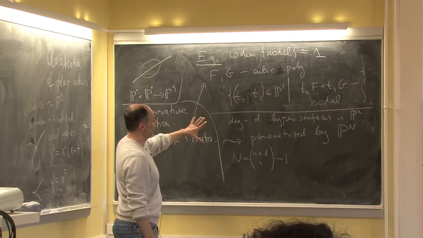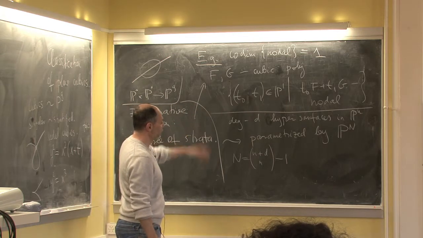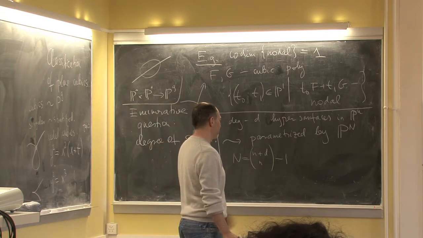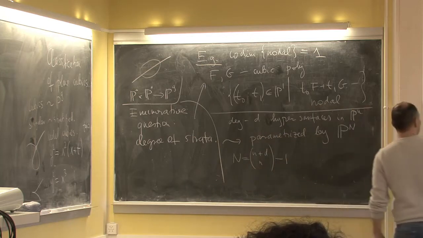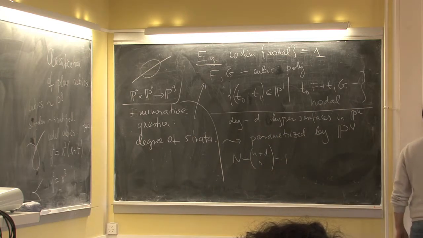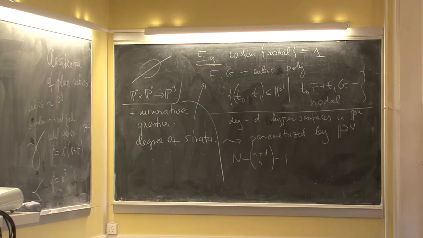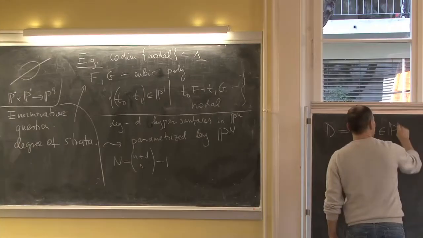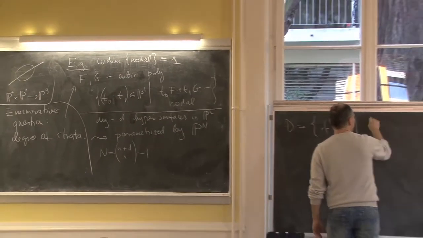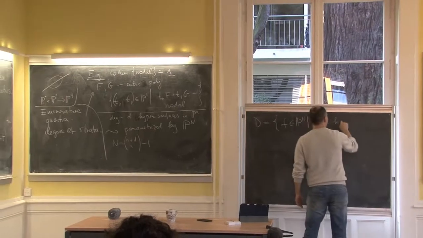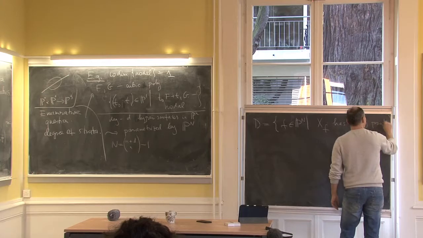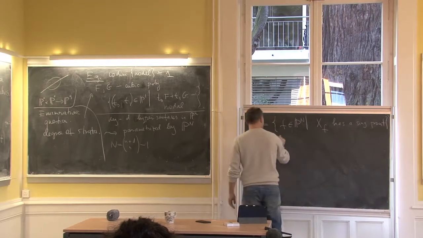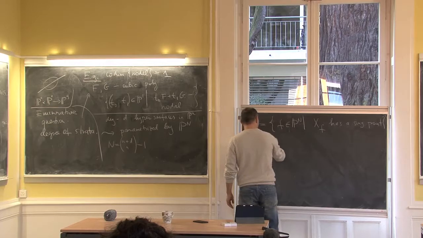And now in this space we are looking for the hypersurfaces, so let's denote this by D. Now it's a definition. Let's just look at the F in PN such that the corresponding XF has a singular point. Okay, so this thing is known as a discriminant. This is the discriminant.